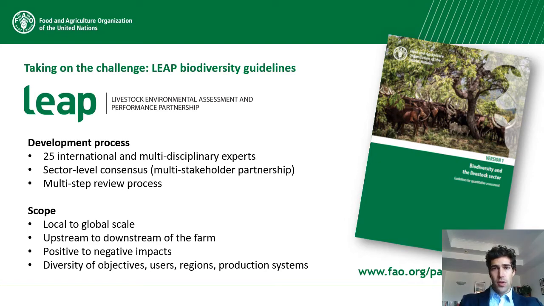The scope of the document is quite ambitious. It seeks to be relevant from local to global scale, to consider all those impacts across the supply chain, from upstream to downstream of the farm, to be able to consider positive and negative impacts of livestock on biodiversity, and to be relevant to a diversity of objectives, of users, of regions, and of production systems.